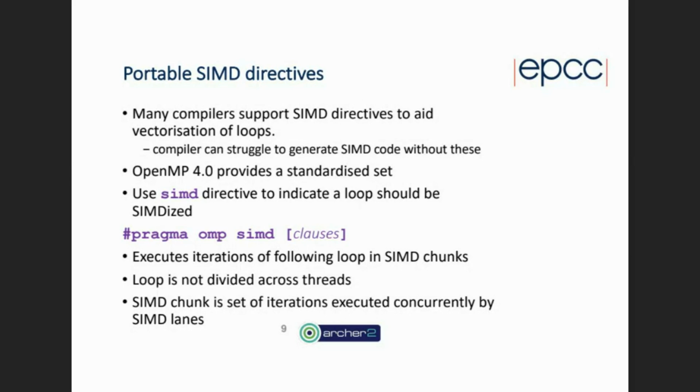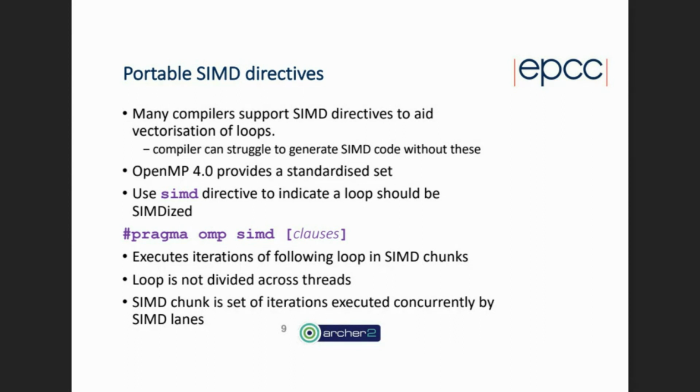And so now we have a standard set of SIMD directives in OpenMP. The basic directive is the SIMD directive, to indicate that a loop should be SIMDized or vectorized. It says, please execute the iterations of the following loop in SIMD chunks, basically generating the instructions that do vectorization of multiple iterations at a time.